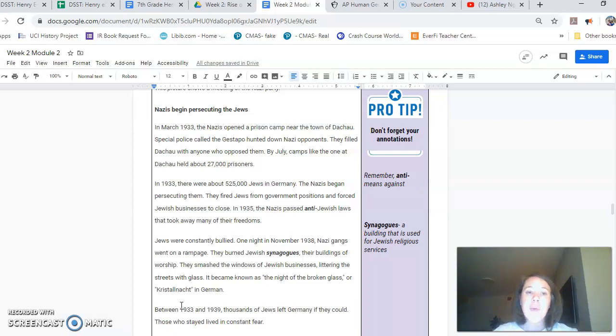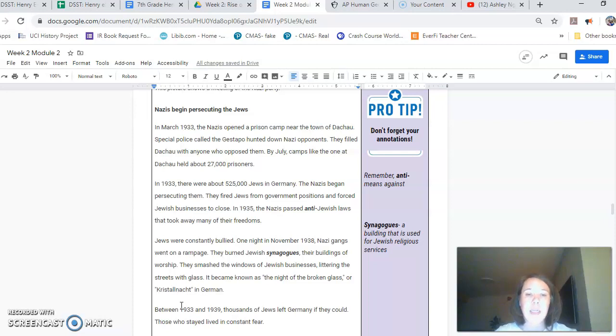In 1933, there were about 525,000 Jews in Germany. The Nazis began persecuting them. They fired Jews from government positions and forced Jewish businesses to close. In 1935, the Nazis passed anti-Jewish laws that took away many of their freedoms.